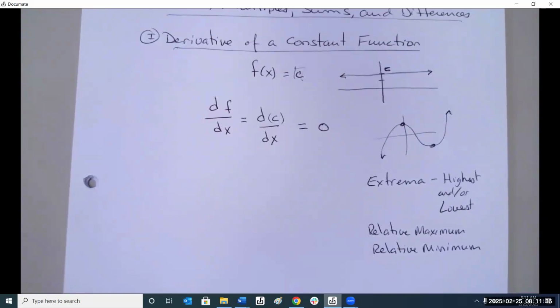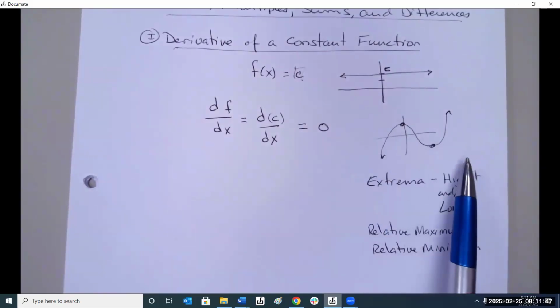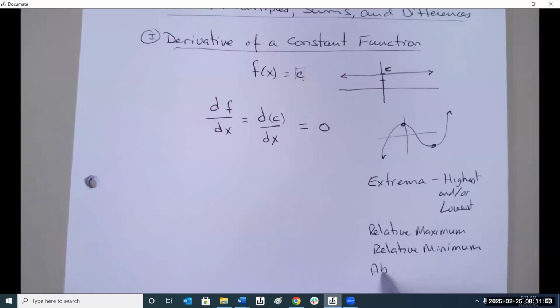So it's on a curve. Whenever you see a curve, it's the highest or lowest points of those bends. Are they the highest of the entire picture or the lowest of the entire picture? No. If they were, then they would be called the absolute maxima and the absolute min.